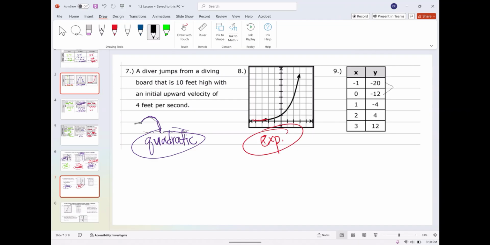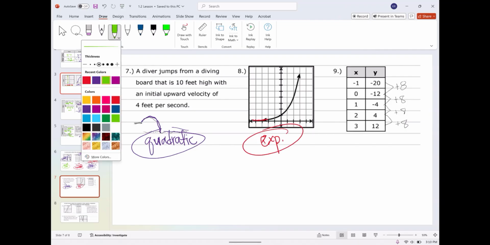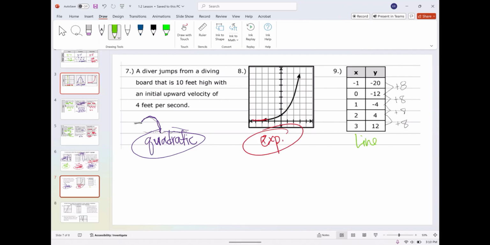Negative 20 to negative 12, well, that's plus 8. Negative 12 to negative 4, that's another plus 8. Looks like it's going to be linear because we're adding the same value each time. Gotta stick to my colors here, so linear.